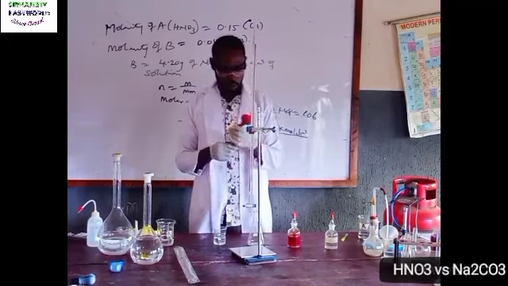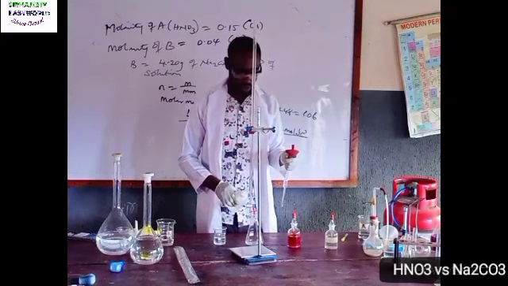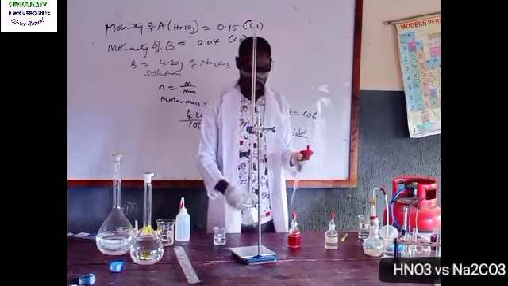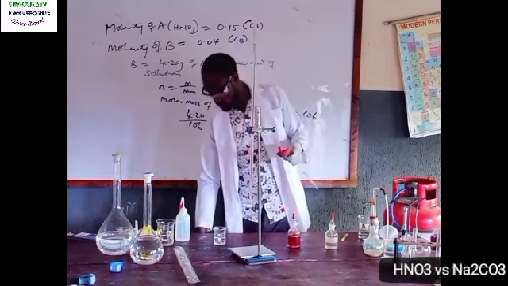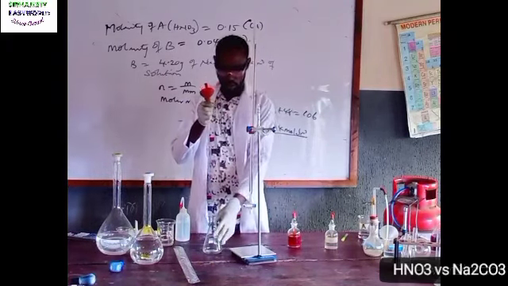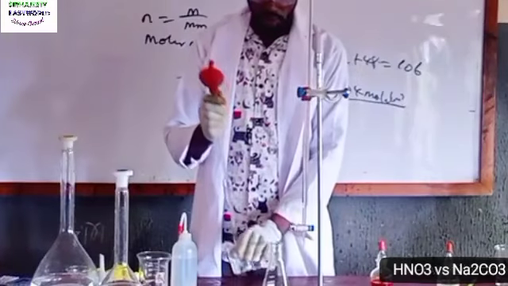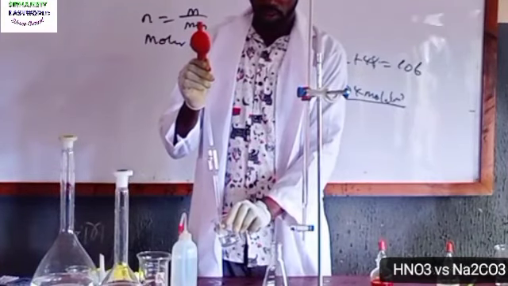Now I'm preparing the sample I will use. But don't forget to wash the conical flask with distilled water or deionized water. This is the conical flask, which will hold the analyte, which is the sodium carbonate.